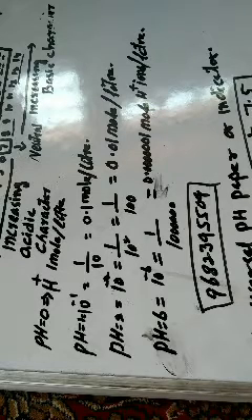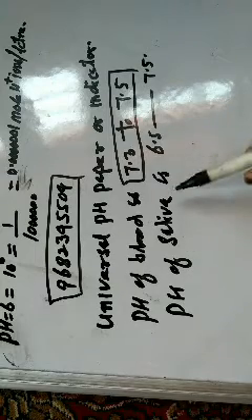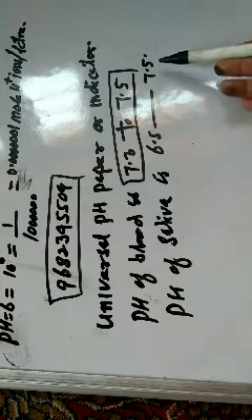It can be asked in multiple choice questions. The pH of tomato juice is 4. The pH of blood is 7.3 to 7.5. The pH of saliva is 6.5 to 7.5.